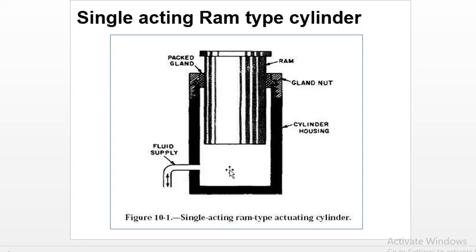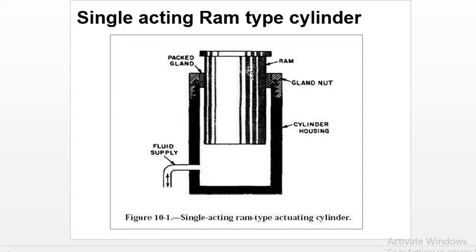Once the pressurized fluid is stored inside this vessel, the ram moves upward, and at the time of operation the ram will move downward, and the fluid supply will be from this side. So this will be the single acting. Here, due to gravity, the ram is moving in the downward direction.